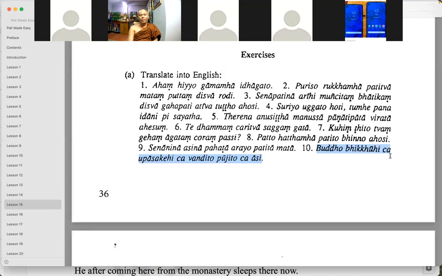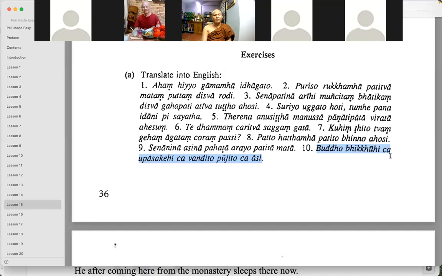So now who? Okay, Damadra. Can I try, Bante? Buddha, Bhikkhuhi, Cha Upasakehi, Cha Vandito, Pujito, Cha Asi. Buddha is the subject, and Asi agrees with Buddha.